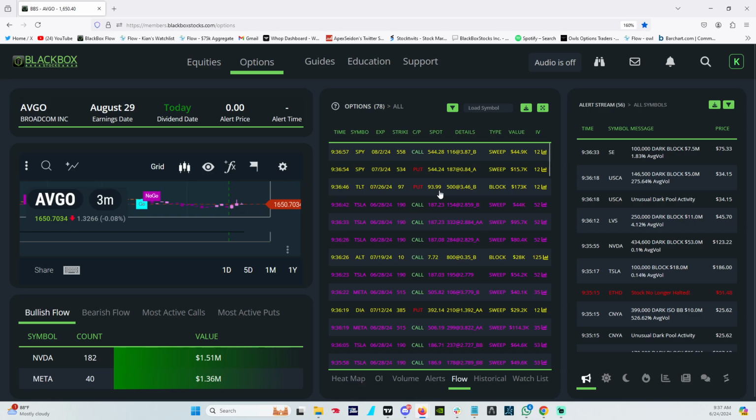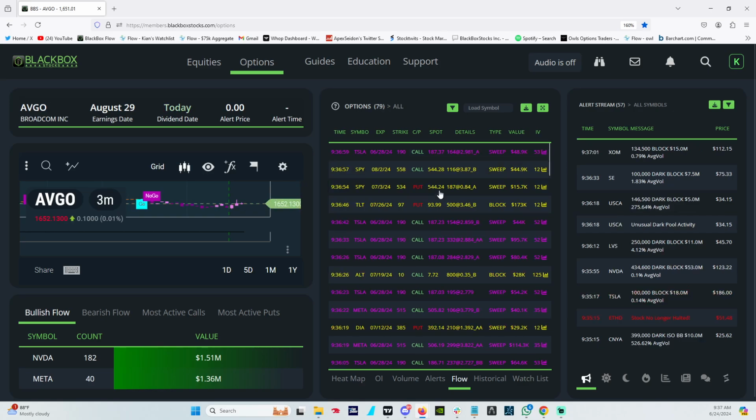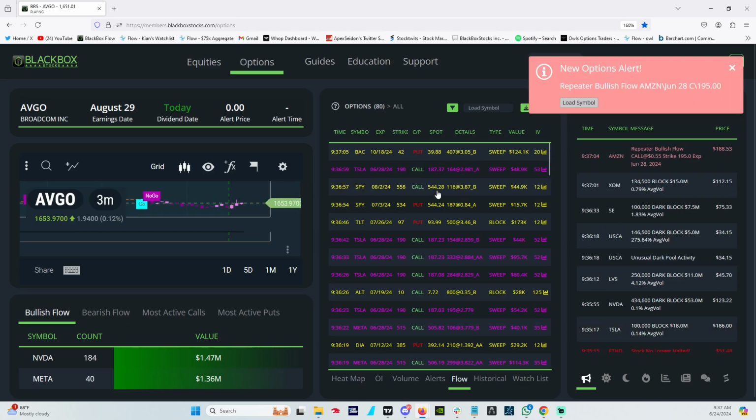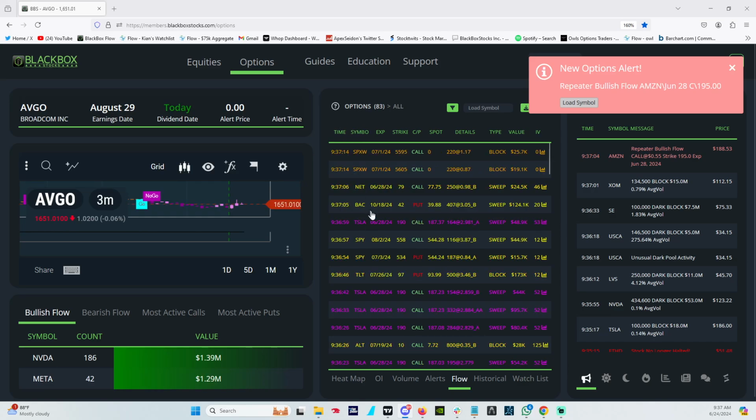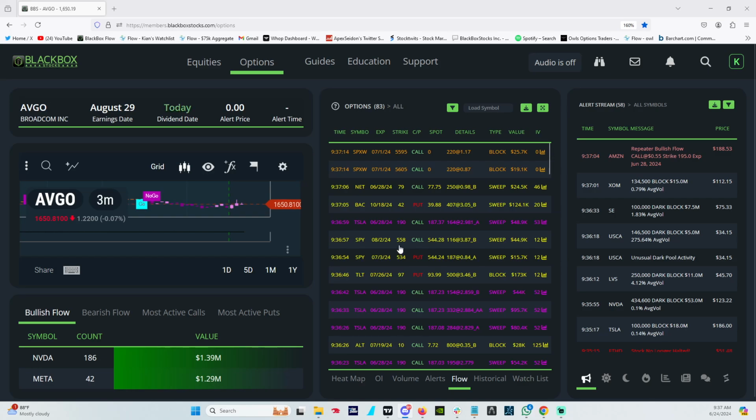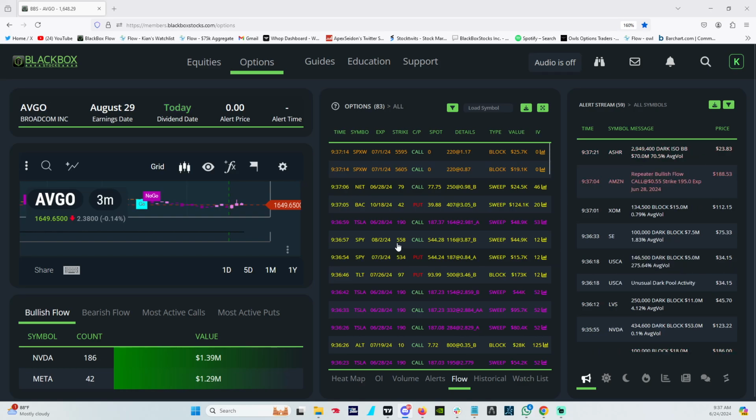ETF flow, it's a mess. It's something that I don't really like to post, but when something looks good, like a SPY call that's 600,000 for tomorrow's expiration, $5 out of the money, that's good.